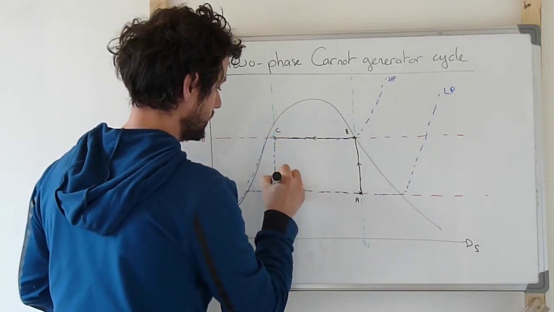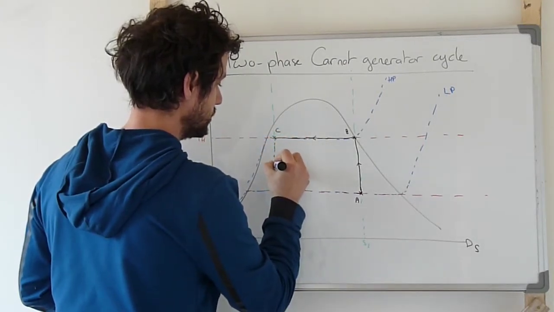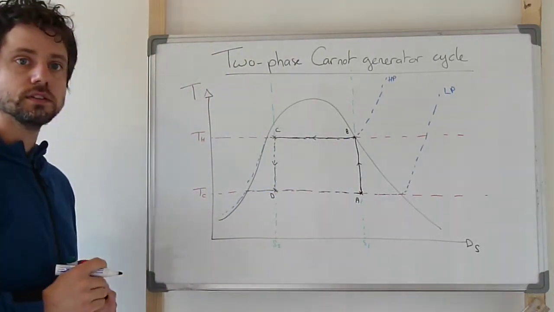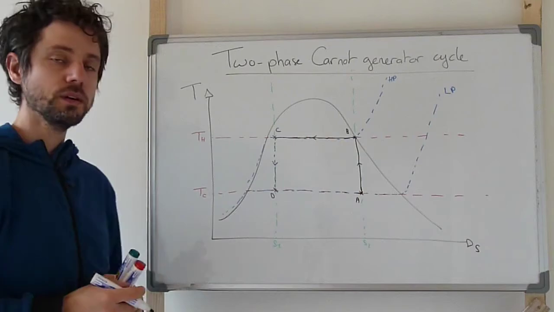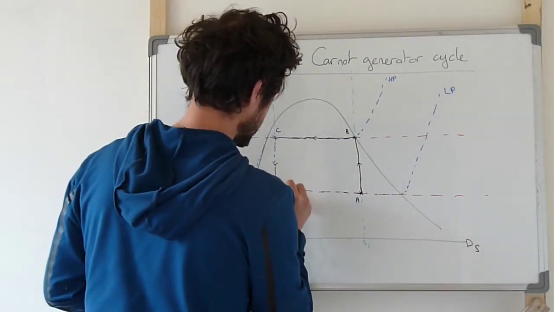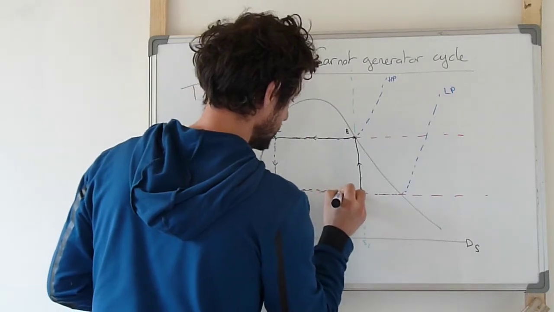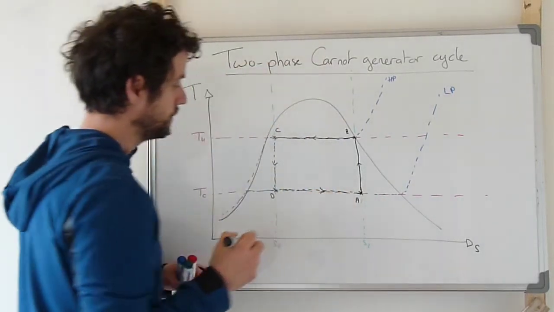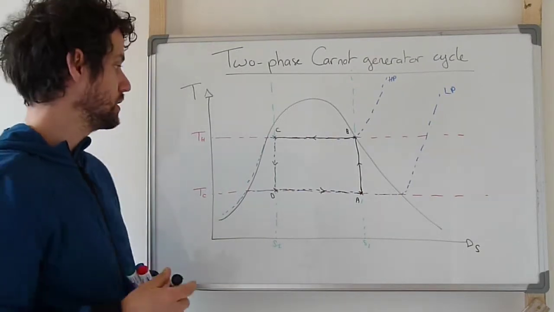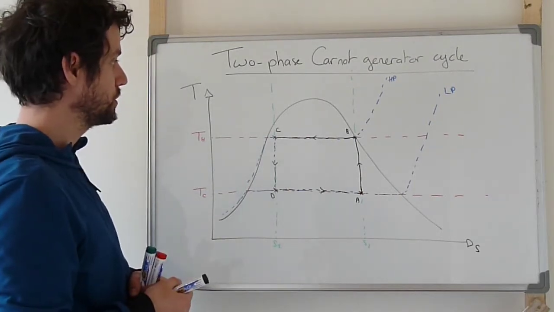Then an adiabatic reversible expansion from C to D at constant specific entropy, here the lower entropy level, and then finally the isothermal and reversible heat transfer with the cold source, so at the cold temperature and cold pressure.